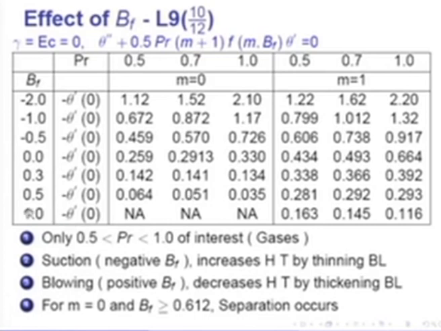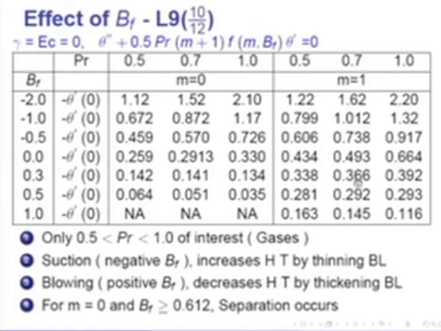You will recall that BF equal to 0.612 was the case where separation occurs. So, we are not interested in BF equal to 1, but we are interested for M equal to 1, in which you will see that again the same thing prevails, that the heat transfer increases on the suction side, whereas it decreases on the blowing side.